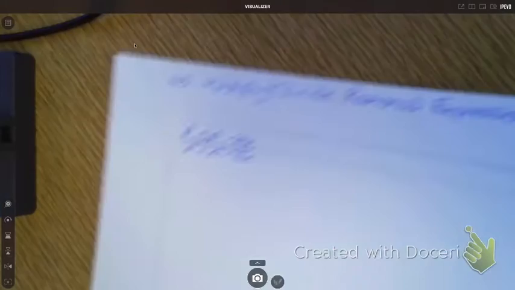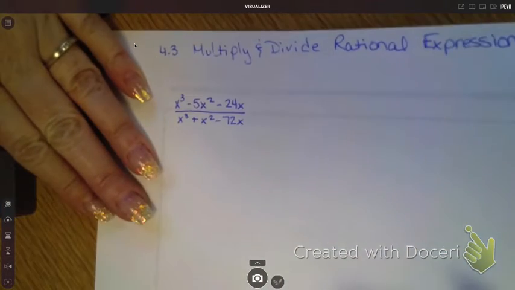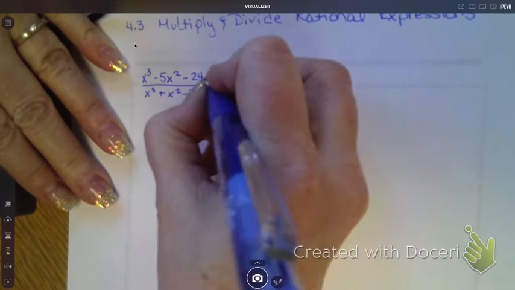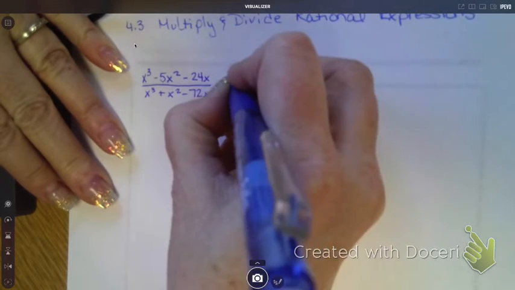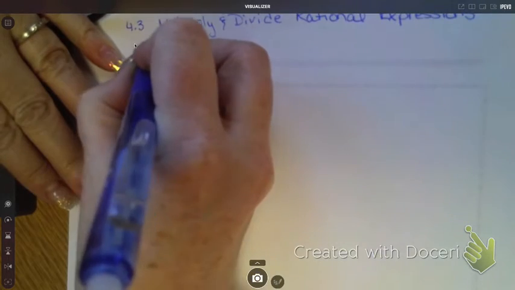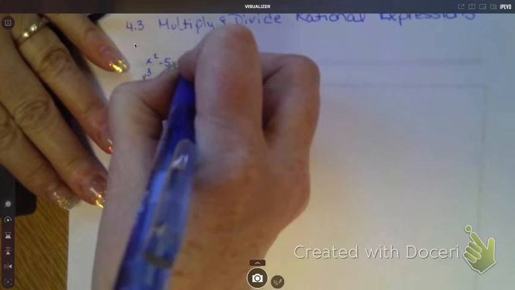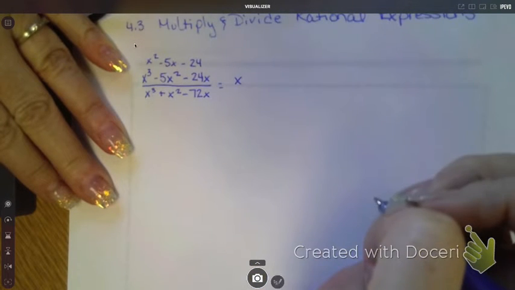So work on factoring that while I'm getting rid of my stuff underneath here. I can factor an x in the numerator, right? So then I have x squared minus 5x minus 24. Does that factor? Yep.